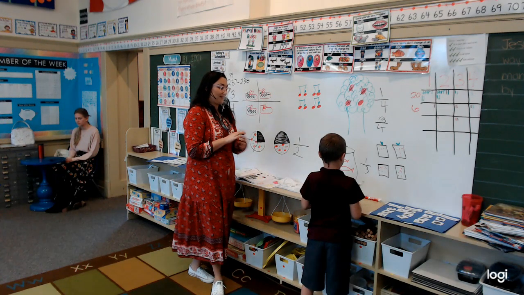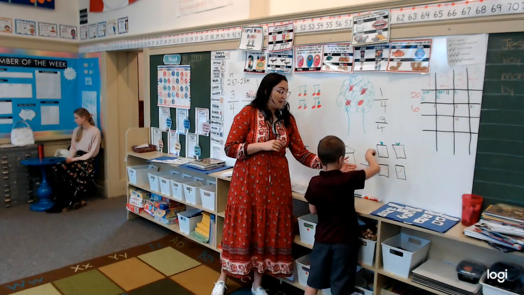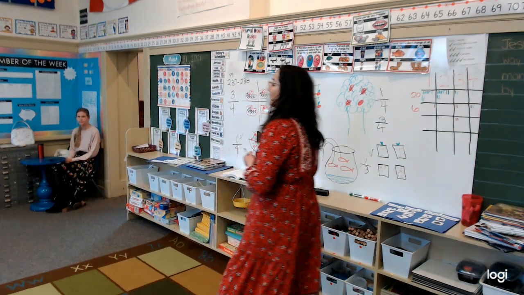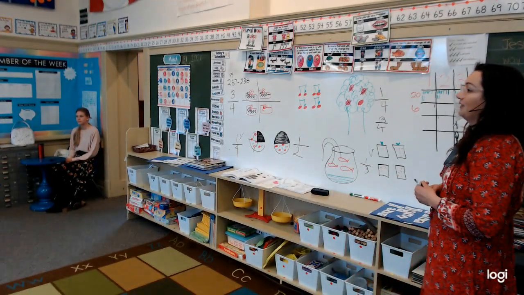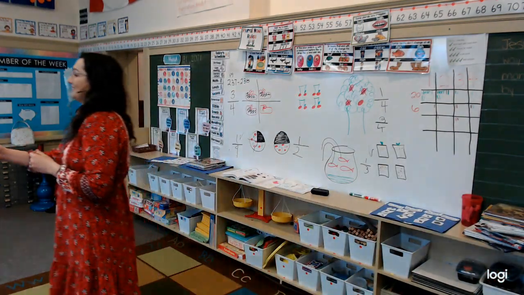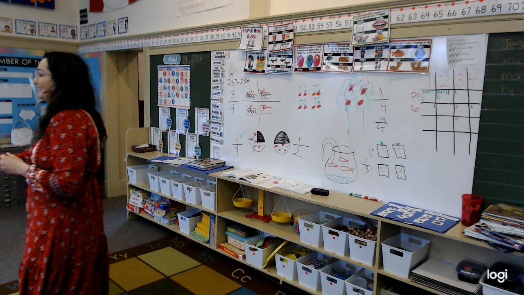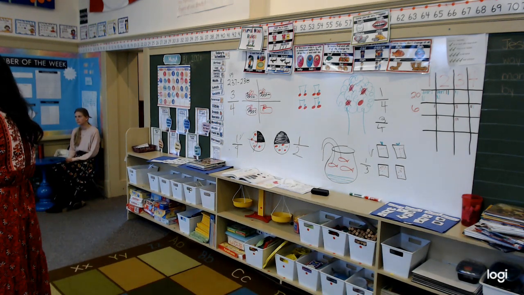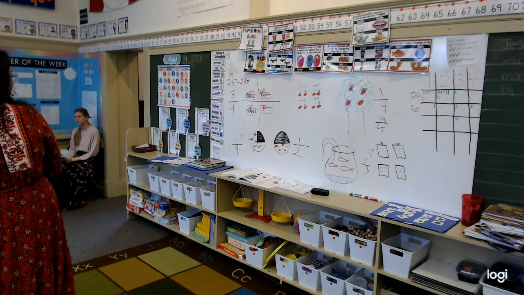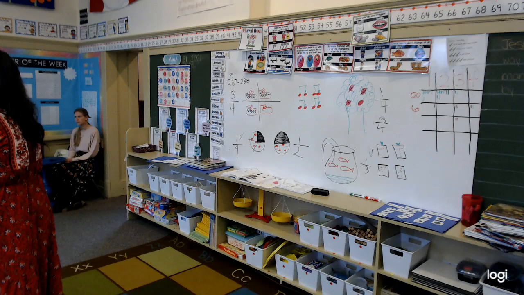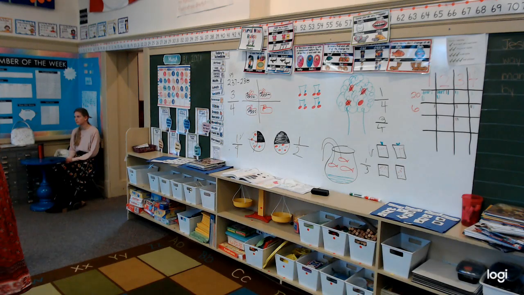Okay. Now I need somebody to come up and write in a fraction how many goldfish flopped out of the tank. Willow, come on up. So what is the fraction for the fish that flopped out of the tank?